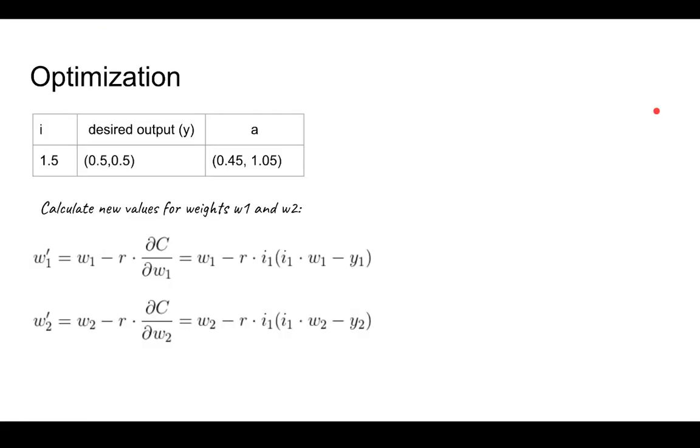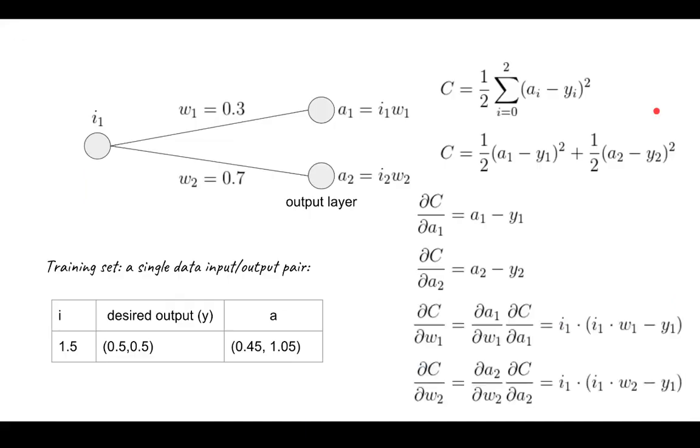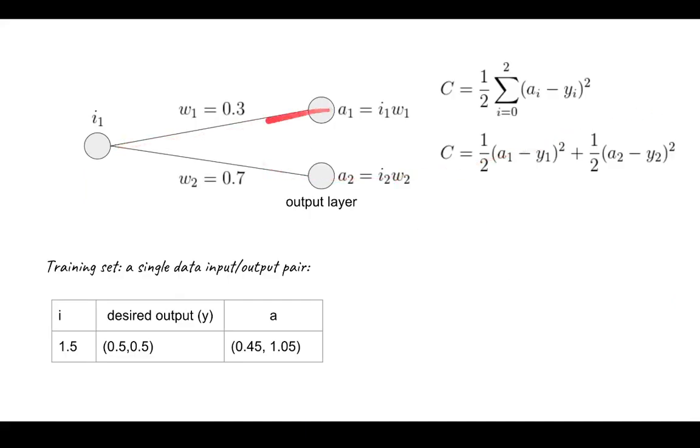So let's optimize. And now this is interesting because it's exactly the same as what we had in video 1. You could take these 2 parts of the network and treat them as if they were a single neural network, the same kind as we had in the first video.